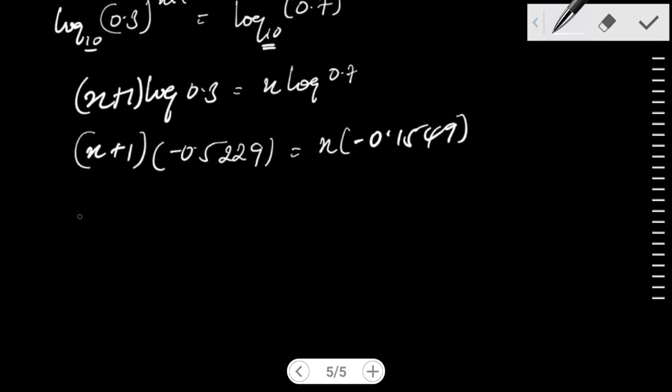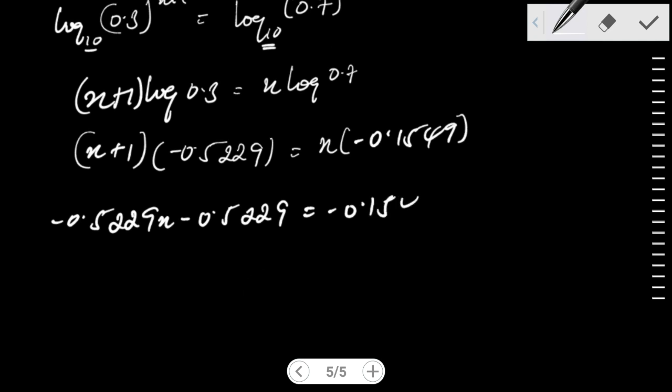And so this would be negative 0.5229 x minus 0.5229 equaling to negative 0.1549 x.